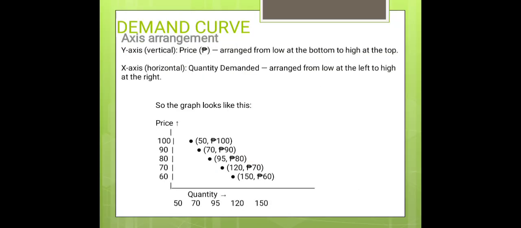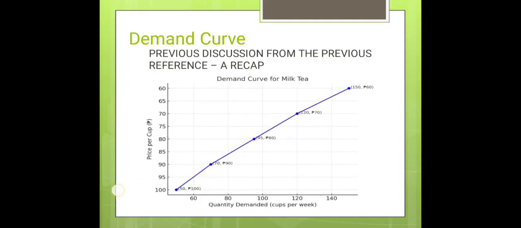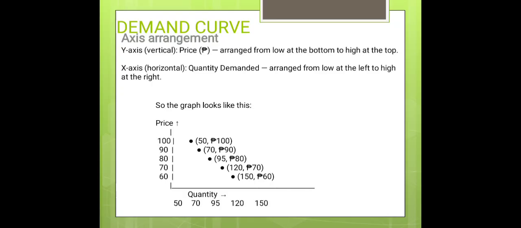So here, you can see in your screen the demand curve, okay? So we have here the axis arrangement. Ito yung i-correct natin from the previous reference na hindi siya masyadong accurate, okay? Here in your screen, yung y-axis natin, which is the price, should be arranged from low at the bottom, meaning to say sa pinakababa, ayan siya yung 60, papunta sa high at the top, okay?